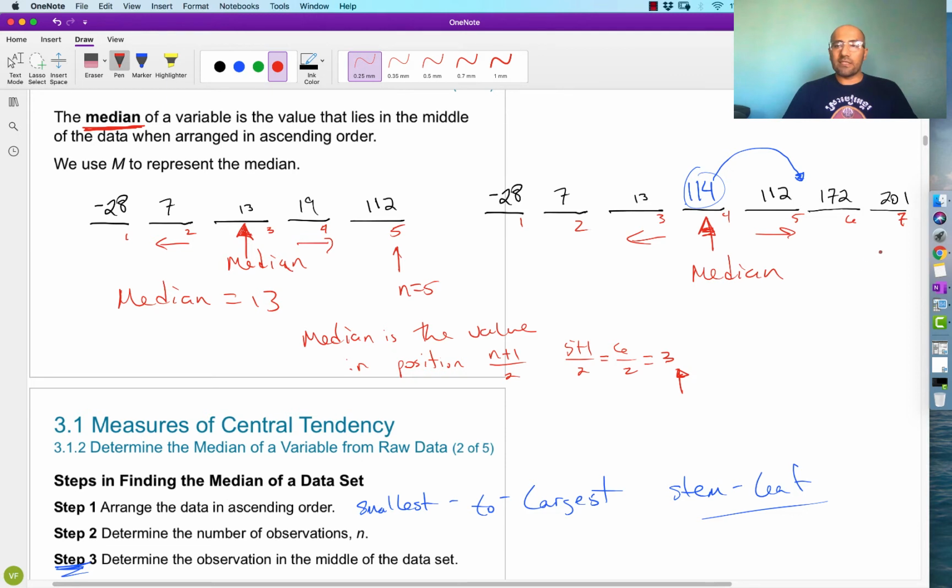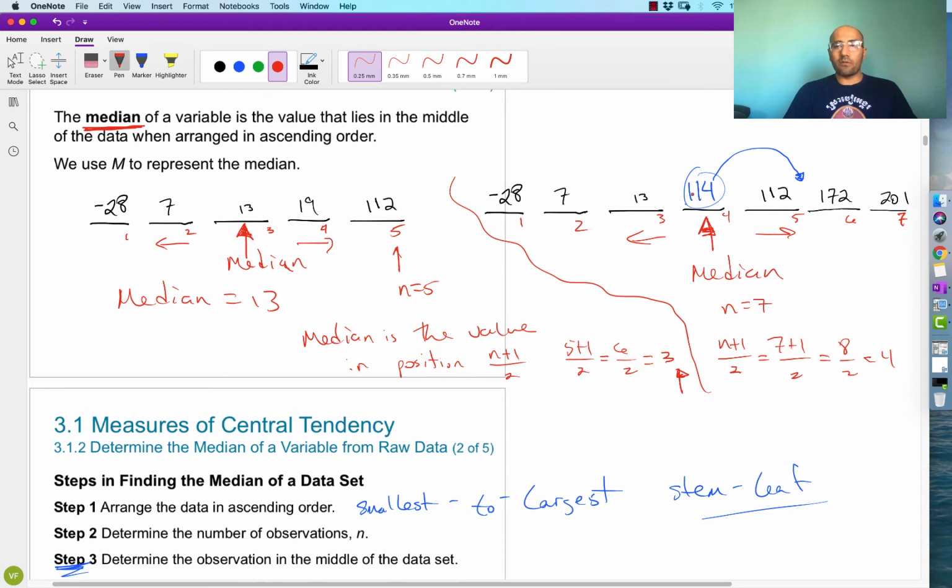Good. For this example, right, that's one example. For this one, n was equal to 7, right? So the median is the value in position (n+1)/2, which is going to be 7 plus 1 divided by 2, which is 8 divided by 2, which is 4. Yep, the fourth position.